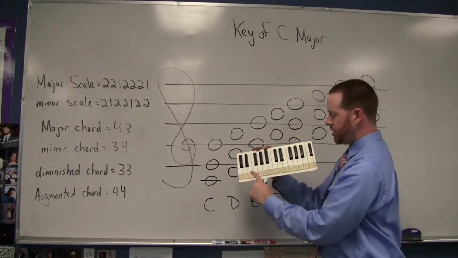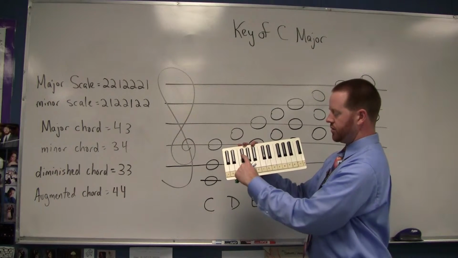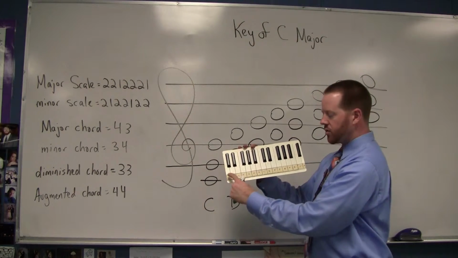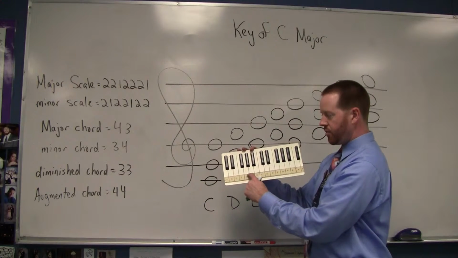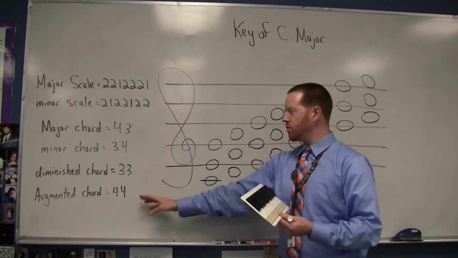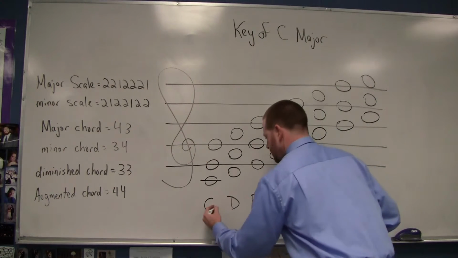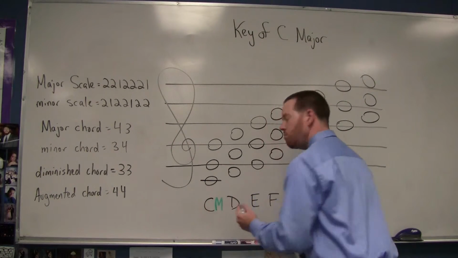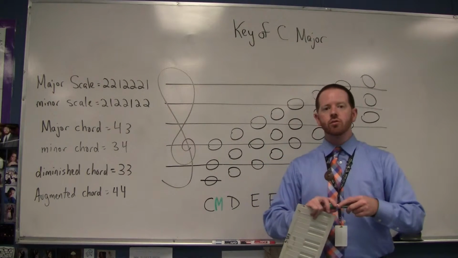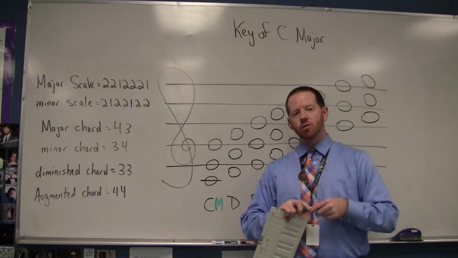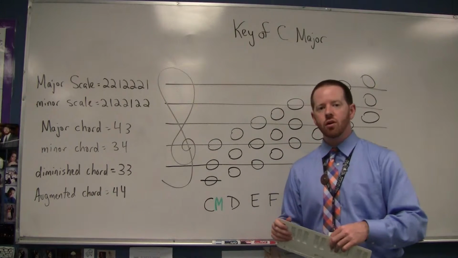And from E to G is up 1, 2, 3 more. So we went up 4 and then up 3. If we check our formulas over here, that's the formula for a major chord. And so this is a C major chord. And musicians always use uppercase M's to show major chords and lowercase m's to denote minor chords.